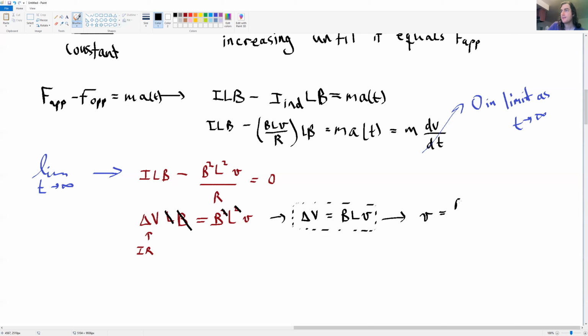But this is the applied voltage, not the induced voltage.